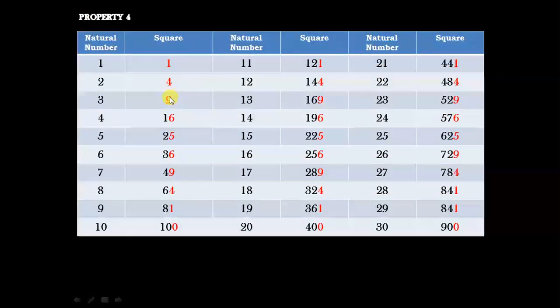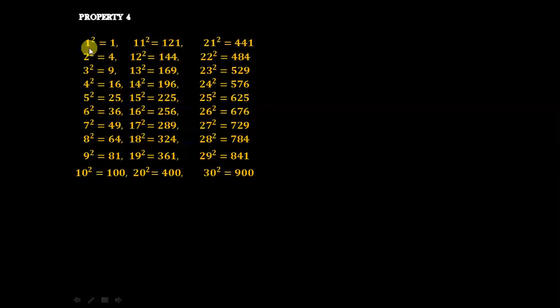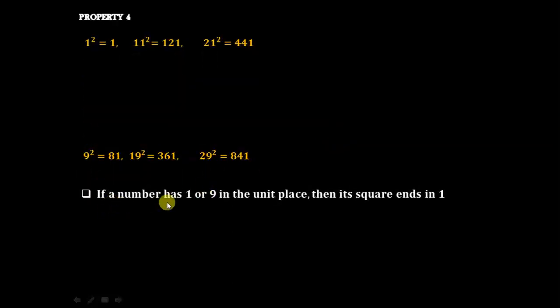Now property 4. In this table we have squares of natural numbers from 1 to 30. We write the squares from 1 to 30, and we analyze this property. What are the properties? First, if a number has 1 or 9 in the unit place, then its square ends in 1.